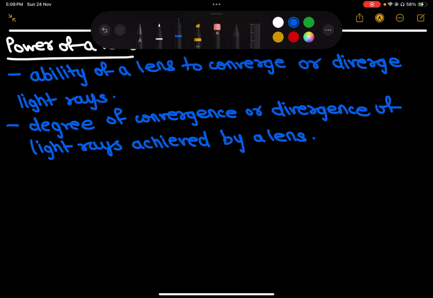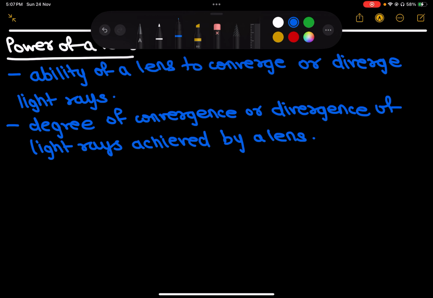Okay, so these are the two definitions. So basically, it is the ability of a lens to converge or diverge. So for convex lens, it is to converge light rays. How much can it converge? How many light rays can it converge at a time? That is the power of a lens.